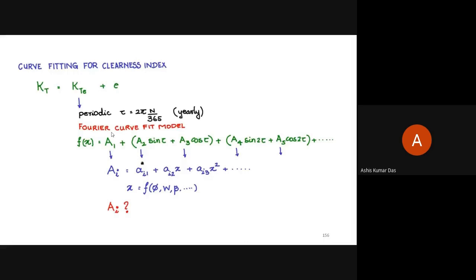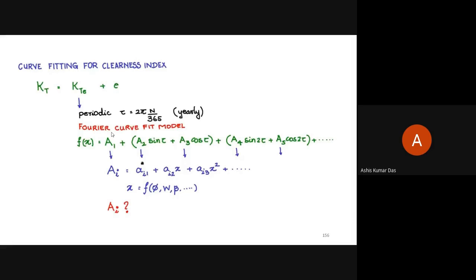Curve fitting is a very nice solution. Even if we have the measured data for a few latitudes, we can make a curve fit model such that for any given latitude in the neighborhood of the place where measurements have been carried out, we can find the clearness index using the curve fit model.